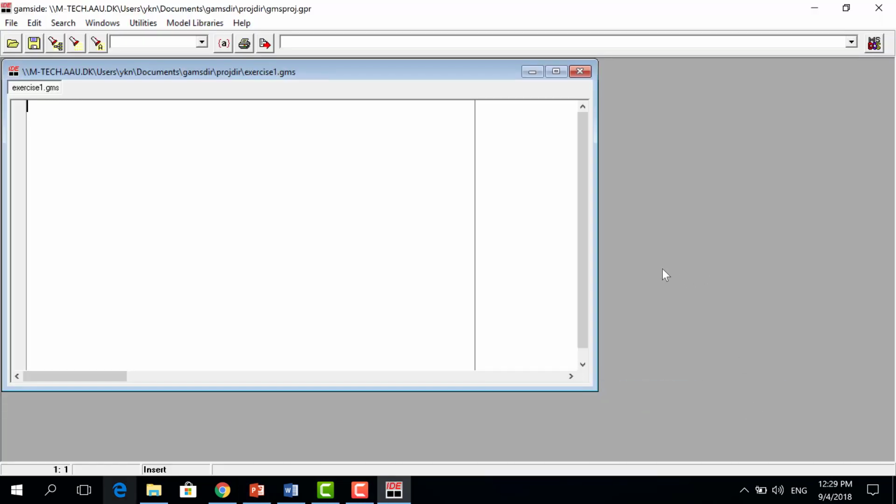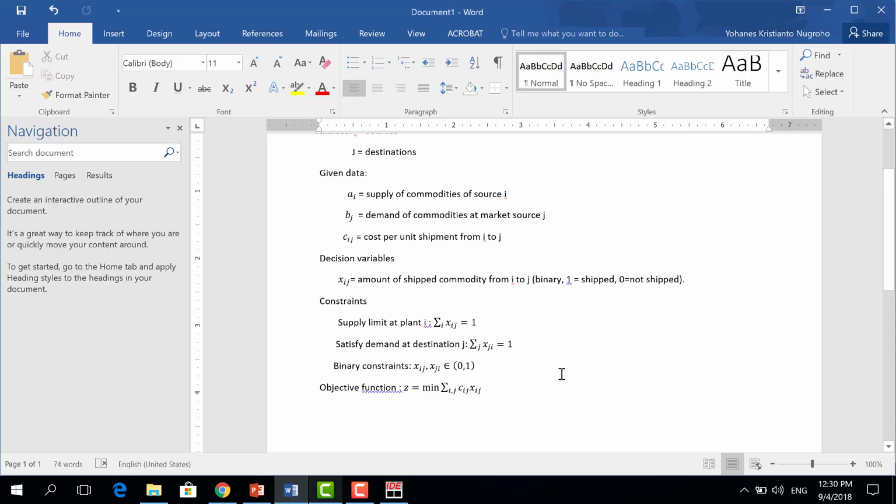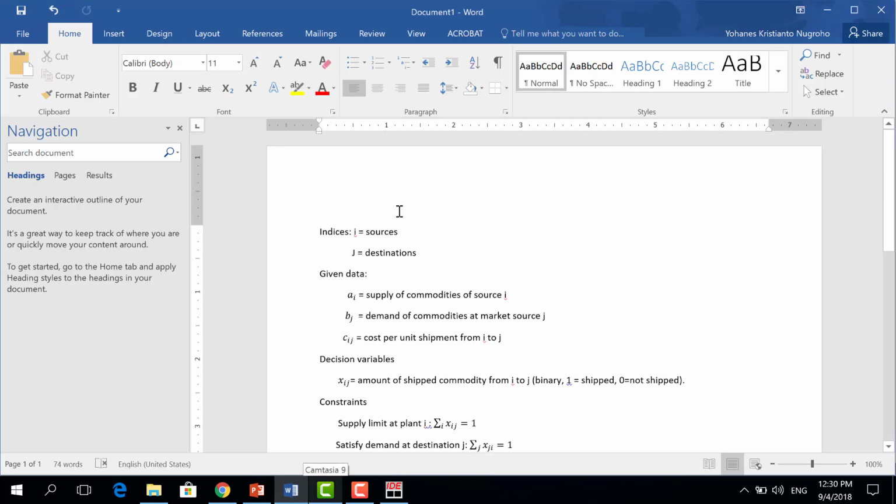Okay, guys, now we have a GAMS screen here on our computer, and we can start making our first program for the assignment problem. As we know, we have the mathematical formulation here. First we have to define our indices, I for sources and J for destinations.